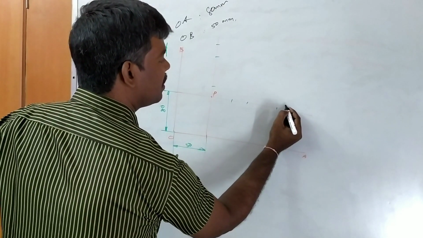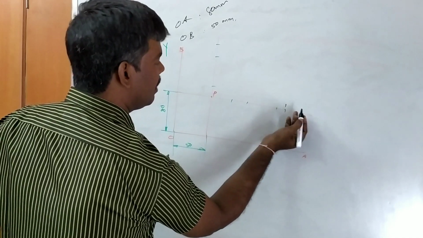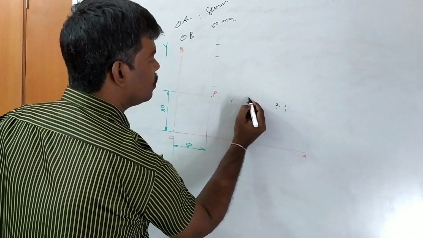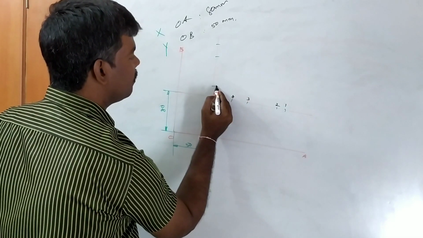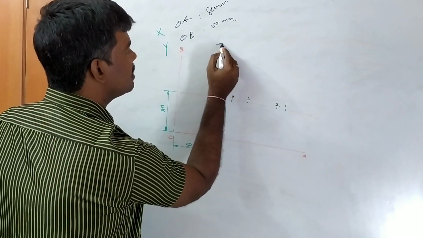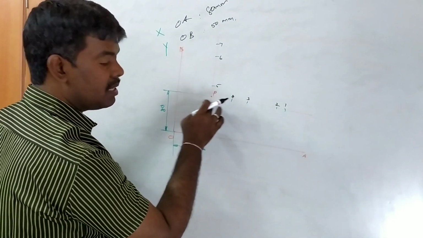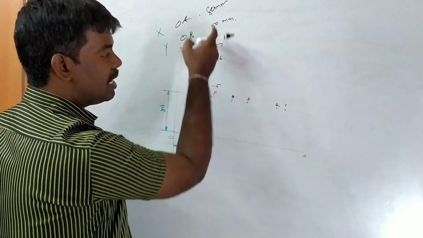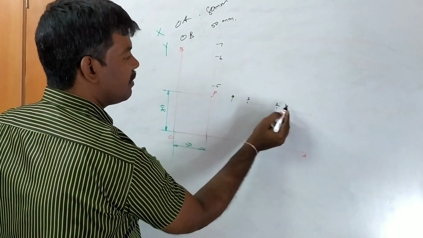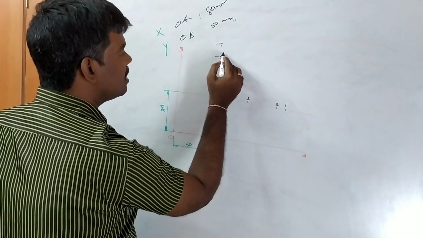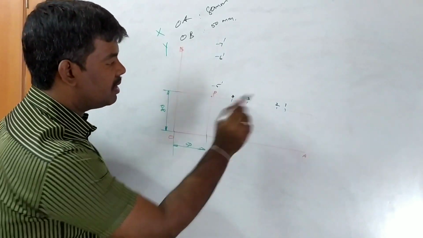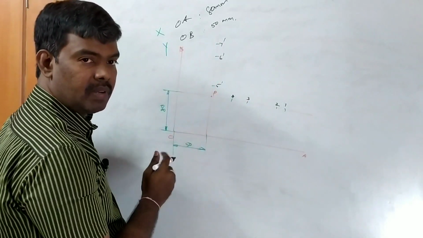Next, assign the numbers 1, 2, 3, 4, 5, 6, 7. To differentiate between horizontal and vertical number values, it is 1, 2, 3, 4, and 5 dash, 6 dash, 7 dash. With dash is horizontal, without dash is vertical.